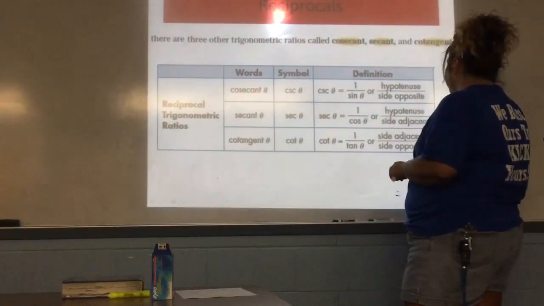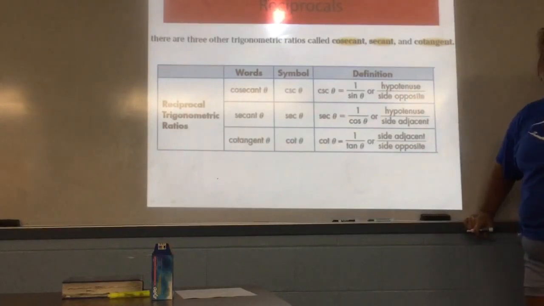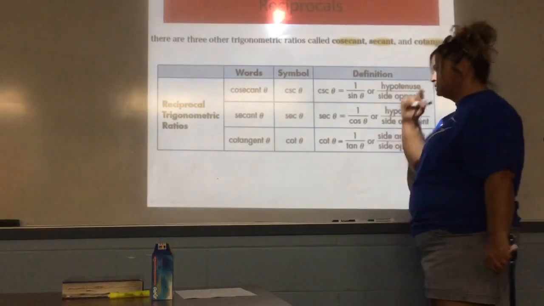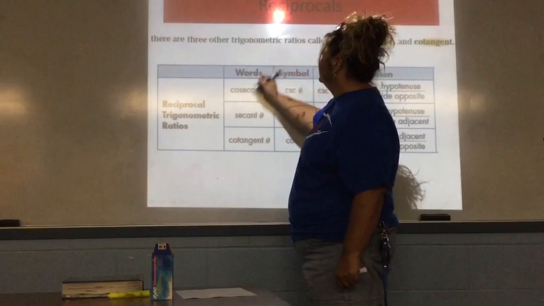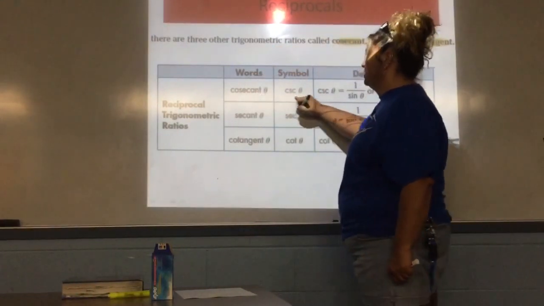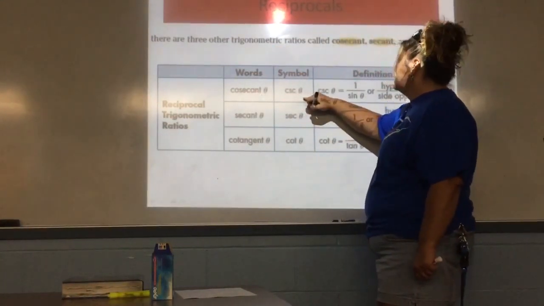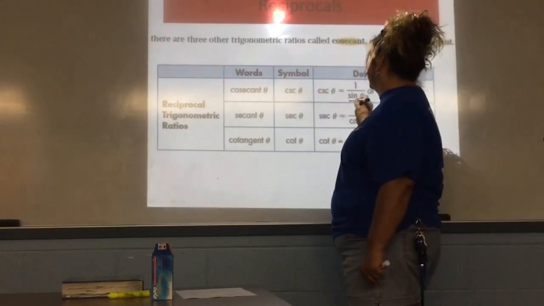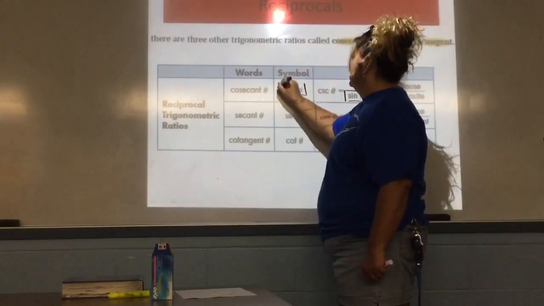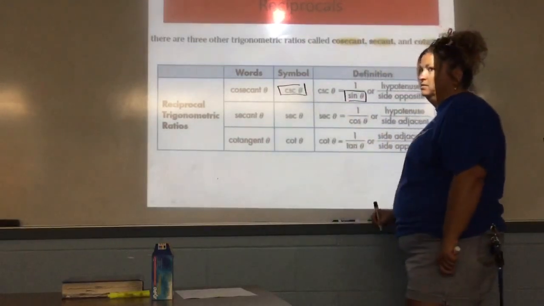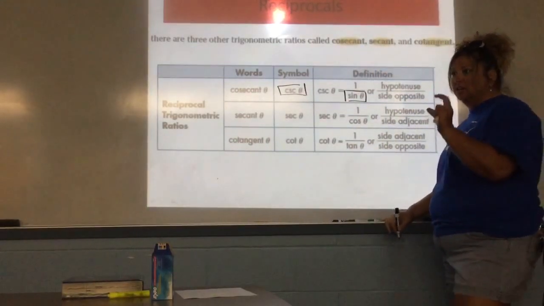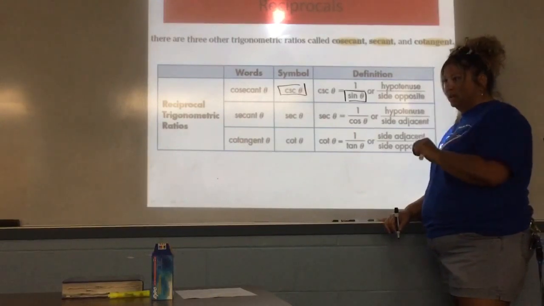All right. Each of these, sine, cosine, and tangent, has an inverse. The way I remember which one is which is you always have to have an S with a C and a C with an S. Cosecant, which we're going to write like this, is the inverse of sine. C with an S. Cosecant and sine, not cosecant and cosine.